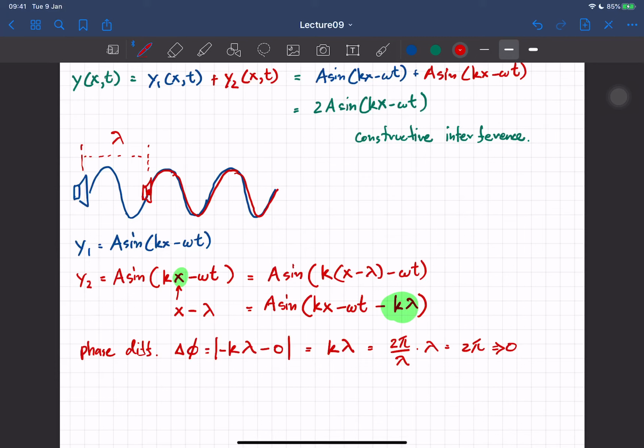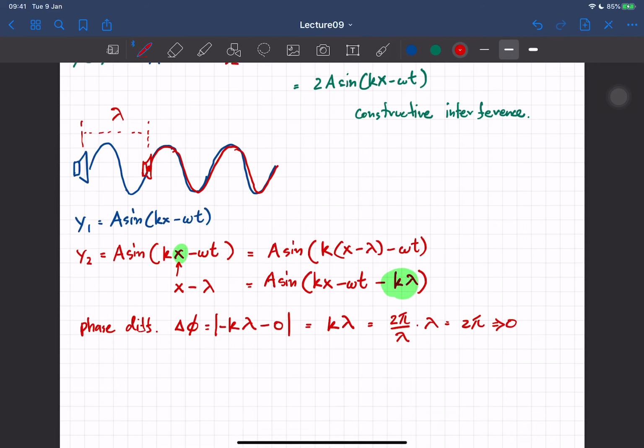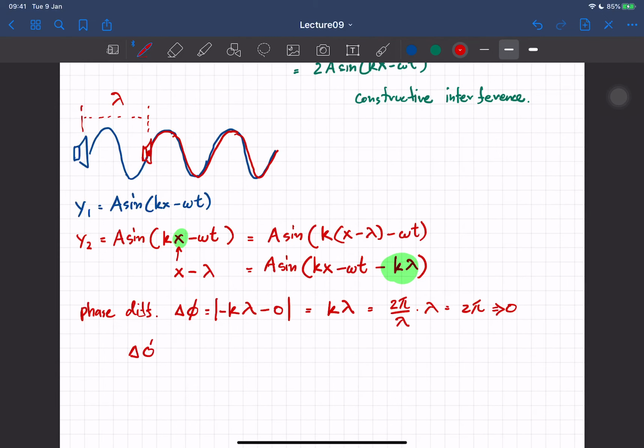So strictly speaking, the two waves are in phase when delta phi is not just 0, but it can also be 2 pi, it can be 4 pi, it can be 6 pi. Actually, it can be anything which is a multiple of 2 pi.